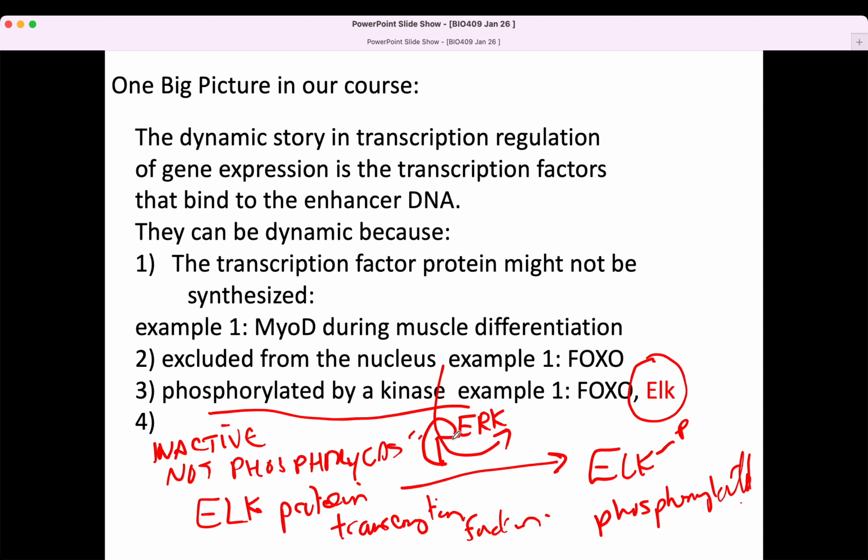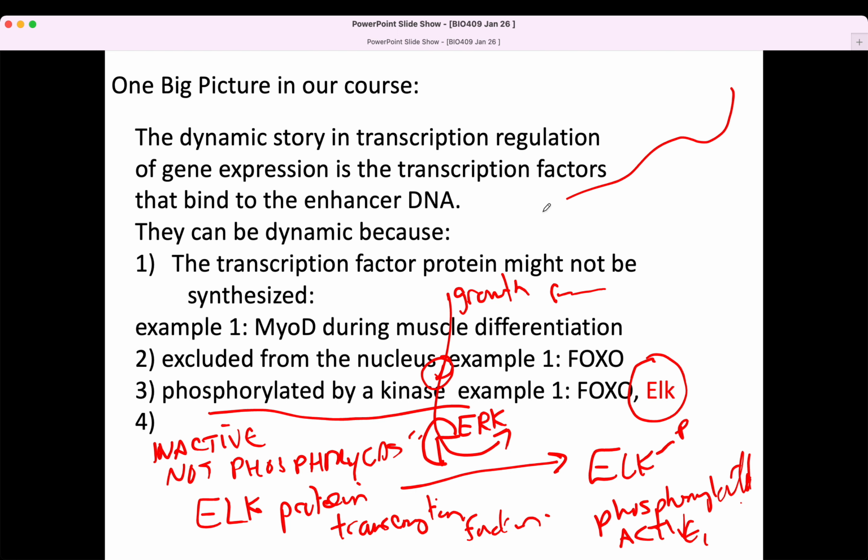Okay, all right, and we have to get ERK activated, and there's going to be a growth factor that activates ERK as a result of signal transduction pathway, and when ELK gets phosphorylated, it's active.